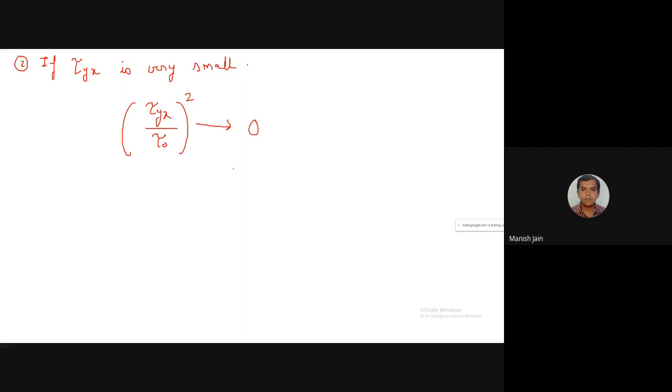So this quantity tends to 0, and then the Reiner-Philippoff model converts to dvx by dy equal to 1 by, in bracket, mu infinite plus mu naught minus mu infinite divided by 1 plus tau yx divided by tau naught square, multiplied by tau yx. This is the original equation.